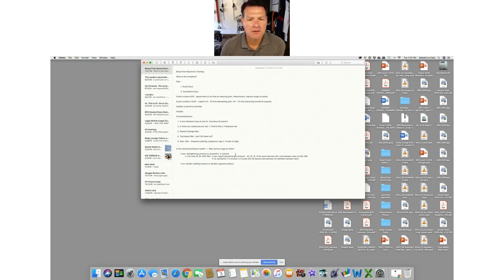Okay, so we can use isometrics when they can't quite lift that 20% 1 rep max. So let's say they have full range of motion, they don't have excessive swelling, but they're not quite ready for 20% of their 1 rep max with BFR, then just do an isometric until they are ready.